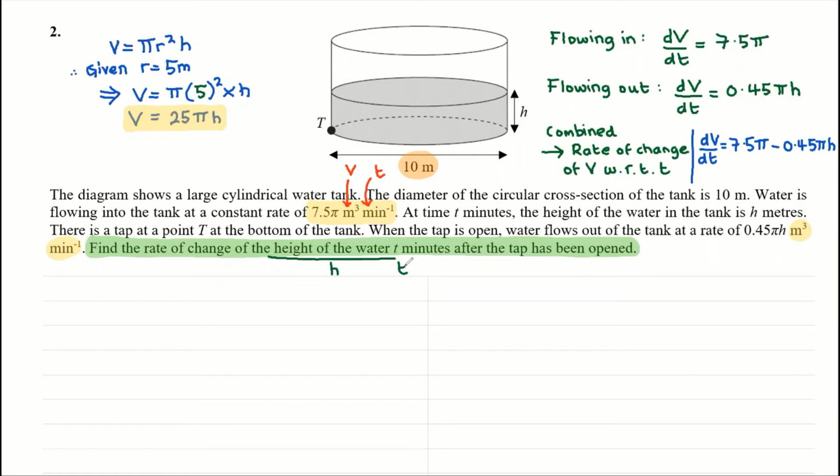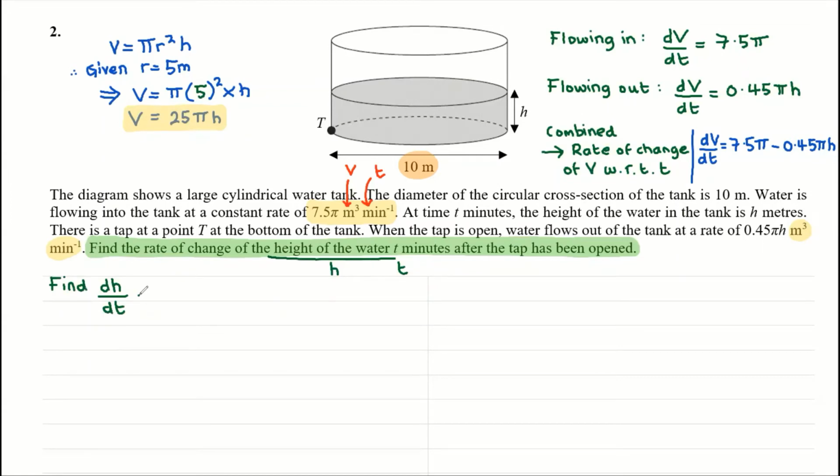So what we're being asked to do is find dH by dt, and then we don't need to find a specific time. It's just simply find dH by dt.